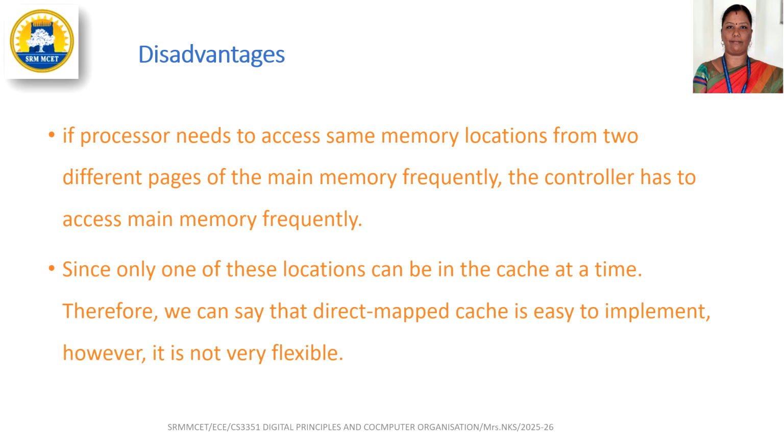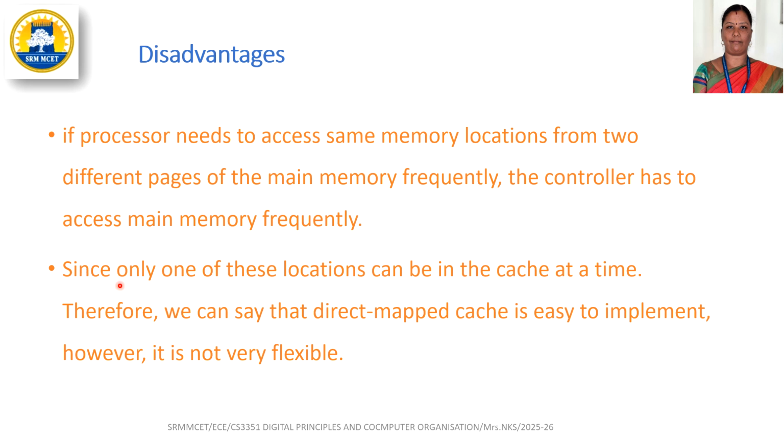Let us see the disadvantage of this direct mapping. If a processor needs to access the same memory locations from two different pages of the main memory frequently, the controller has to access the main memory very frequently. This may cause a reduction of execution speed, since accessing the main memory frequently reduces the speed of the operation.